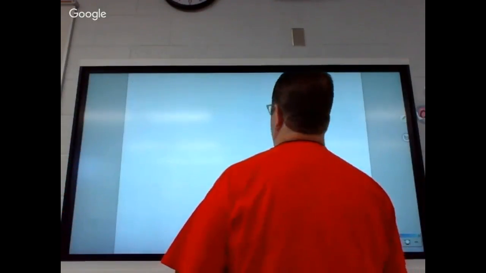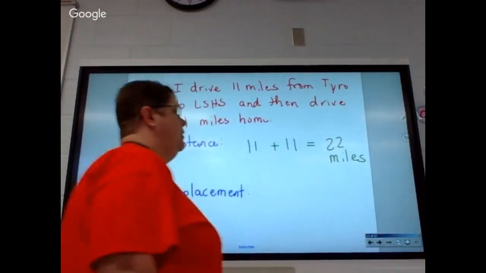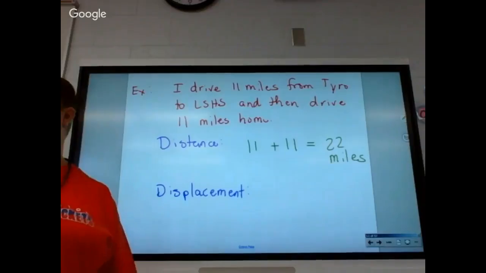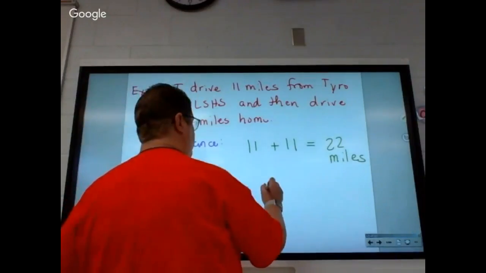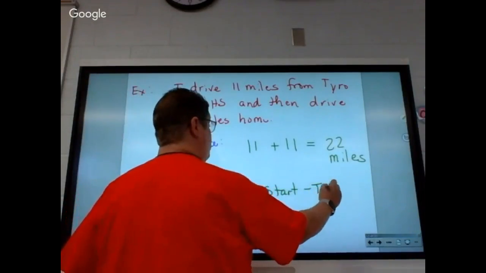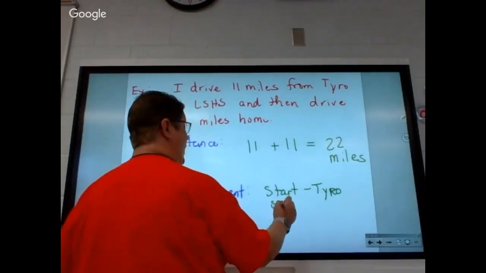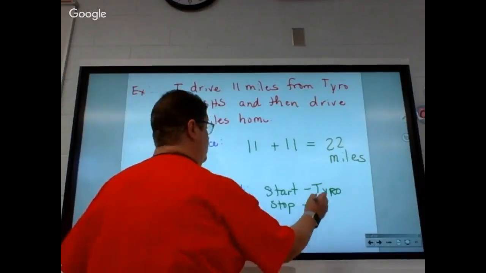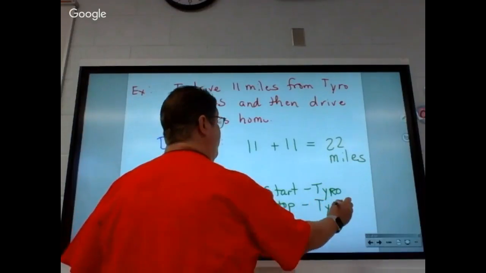Oh, good Lord, I'm at the end here instead of at the beginning of my extra pages. So, displacement. Displacement looks at where I stop and where I start. Okay? It doesn't care what I do in the middle. Where did I start? I started in Tyro. Where am I stopping? Home, which is in where? I start in Tyro.